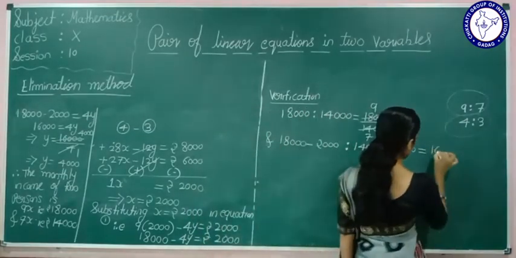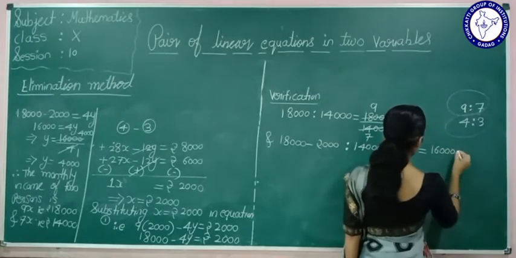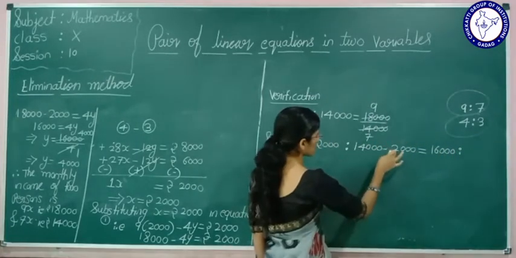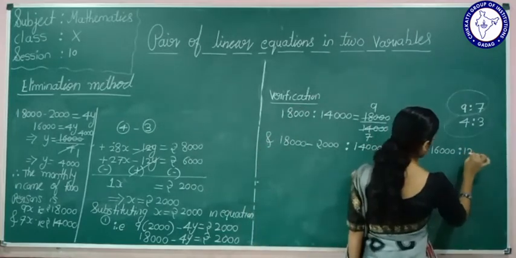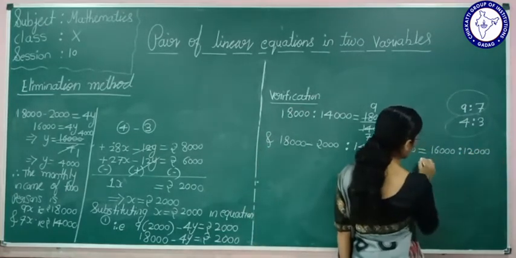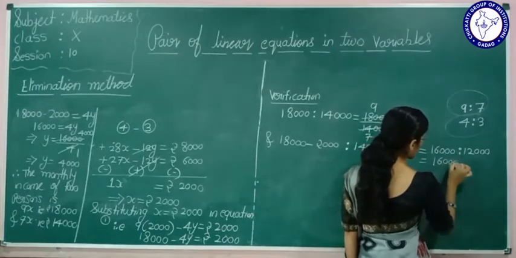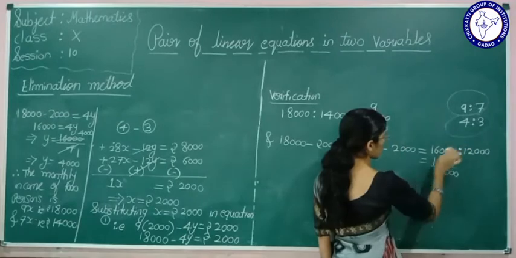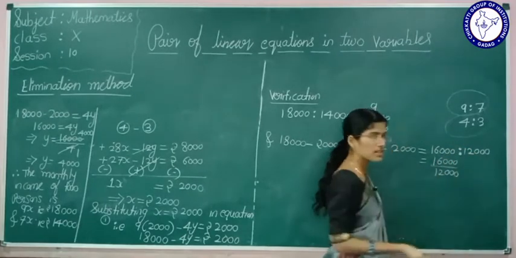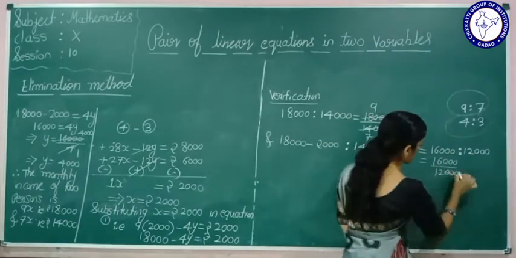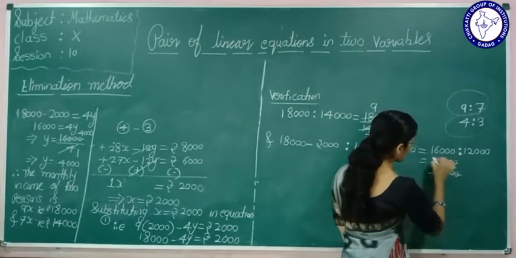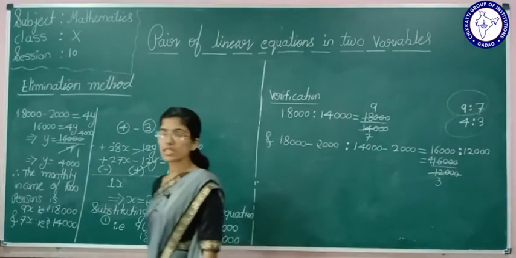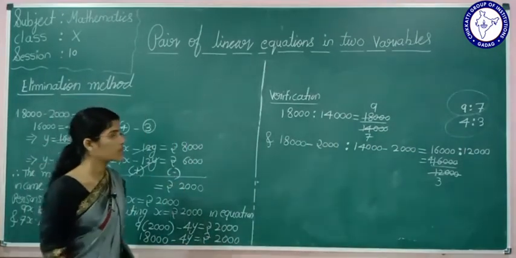It is 16,000. 16,000 is to, what is 14,000 minus 2,000? It is 12,000. Now simplify this. 16,000 divided by 12,000. Ratio is nothing but what? A is to B is nothing but A divided by B only, no? See, 4 threes are 12, 4 fours are 16, so 4:3 only, no? Yes? So this is nothing but the verification of the problem.